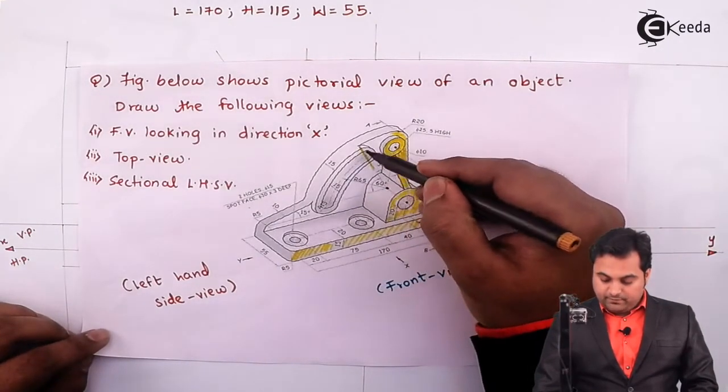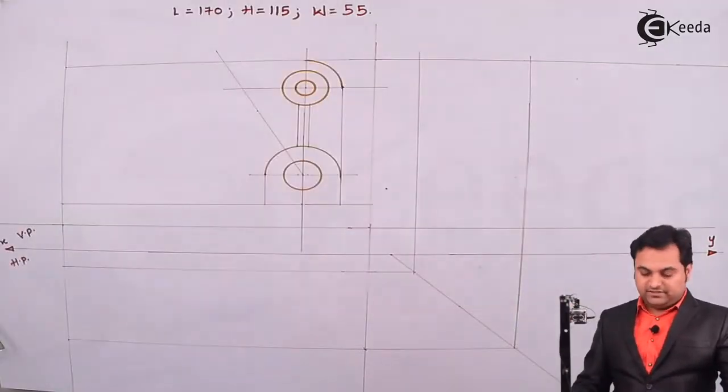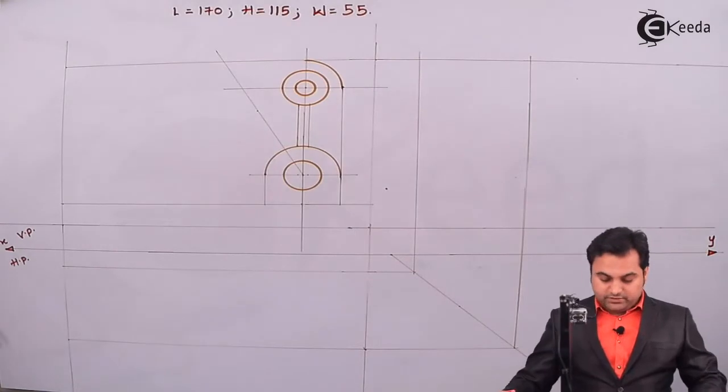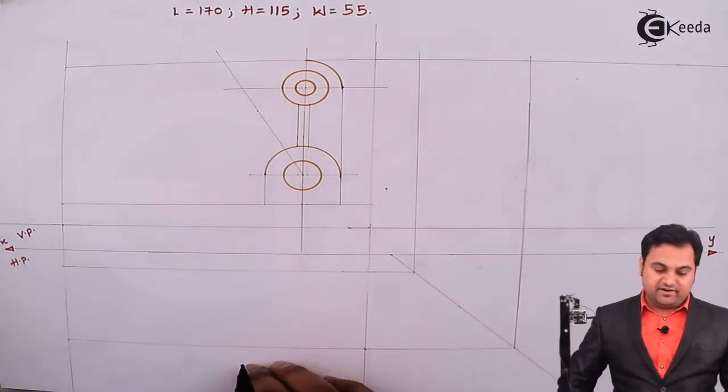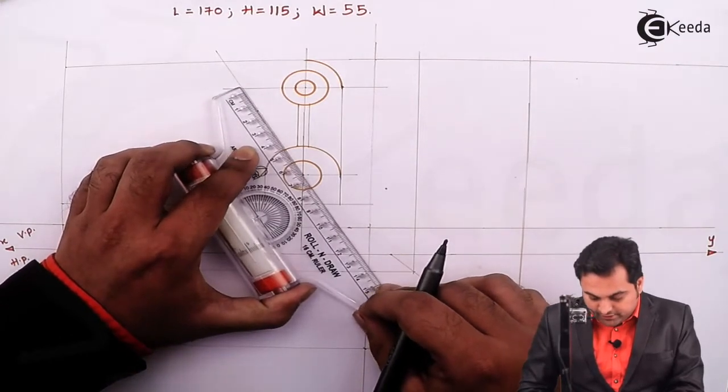Next, after that, when I see here, from this point itself, here there is a radius of 65 mm, which will give me this center line. So next, I'll be drawing that center line by taking the radius as 65 mm, directly marking it onto this 30° incline line.